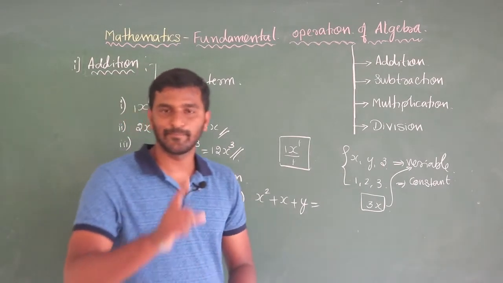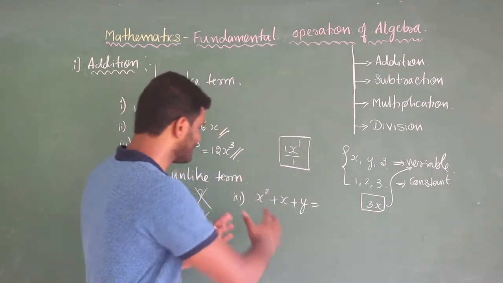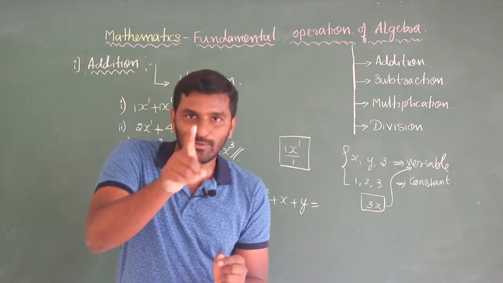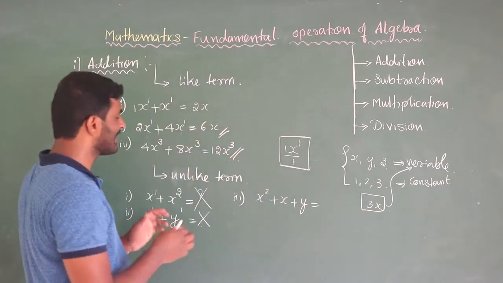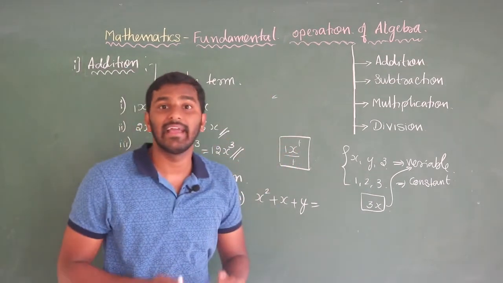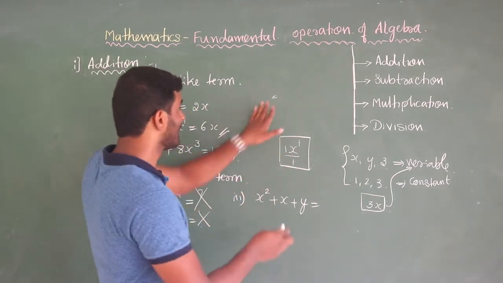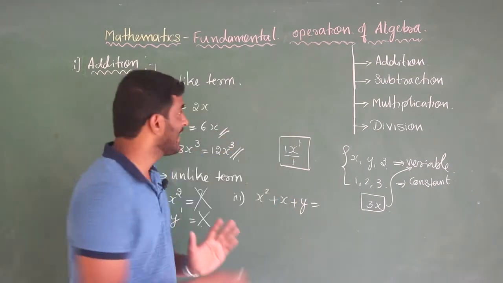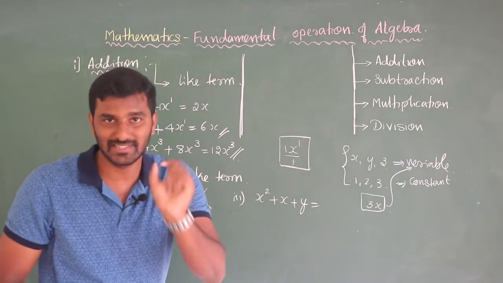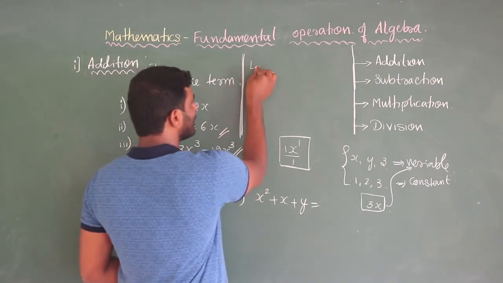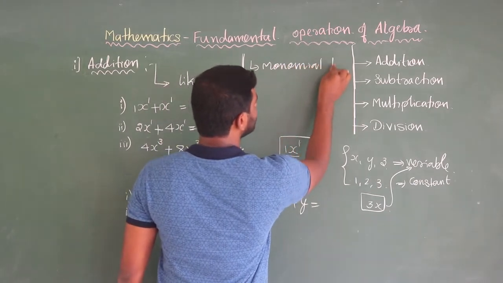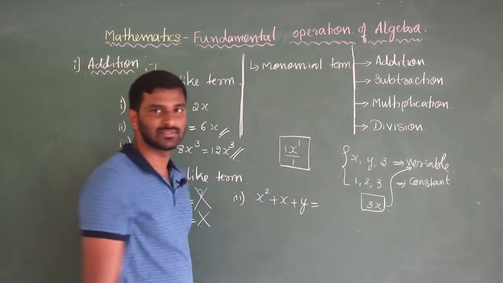Note this point. These are the algebraic expressions. An algebraic expression containing only one term, say for example 4, or x, is known as a monomial. An algebraic expression containing only one term is known as a monomial.